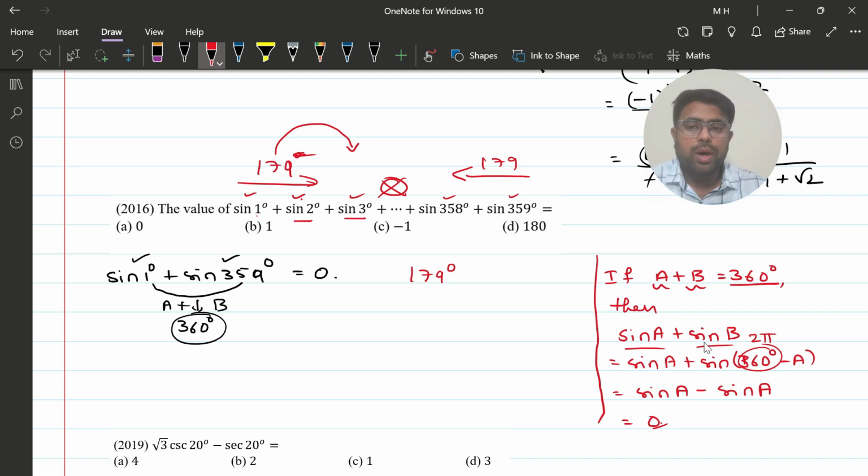Therefore, after the 179th term, it is going to be sine 180. By God's grace, the value of sine 180 is also 0. So even if you just cancel out all the terms without knowledge of odd and even terms, for this question you are definitely going to get 0. But this is not going to work always, so it is better that you understand this. If we have an odd number of terms, then the value is going to be the value of the middle term.